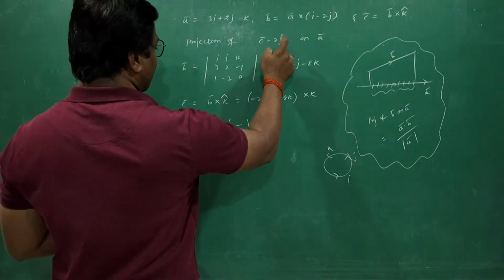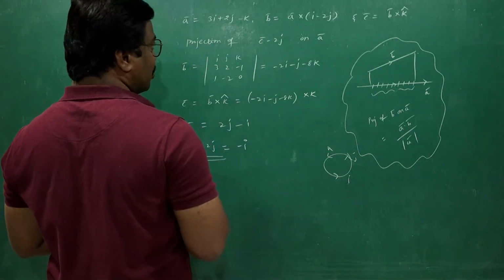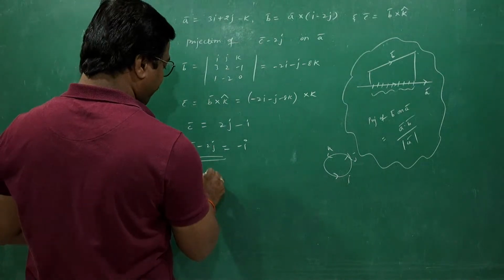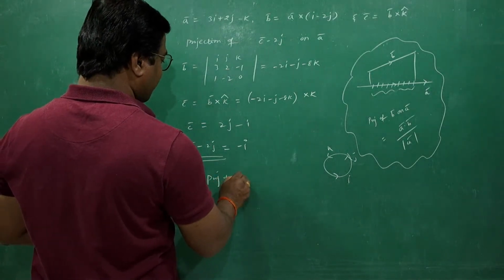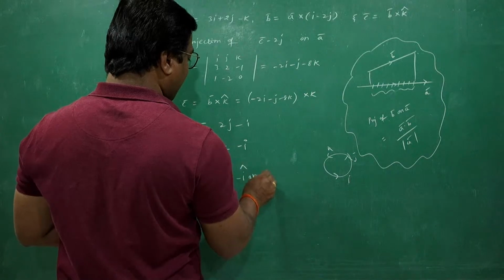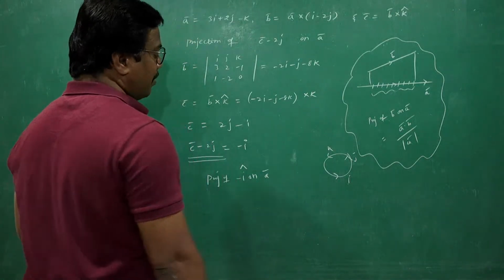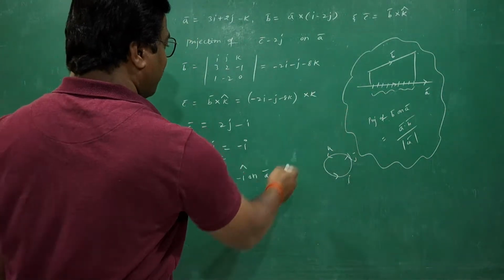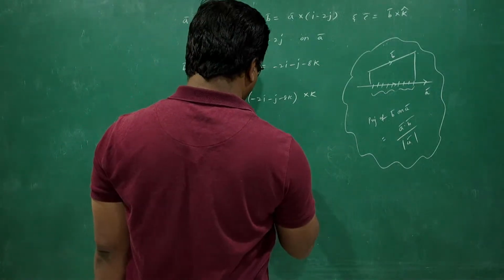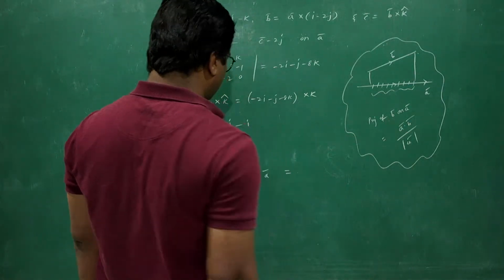Now the projection of C minus 2j on A bar is nothing but the projection of minus i bar on A bar. Using this formula, first in the numerator you have to write the dot product.